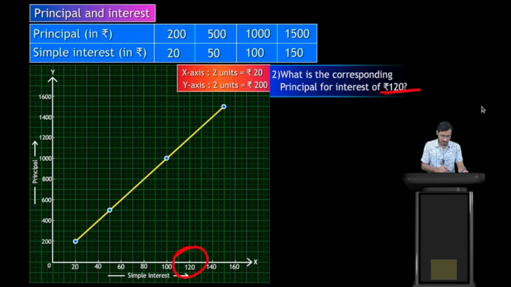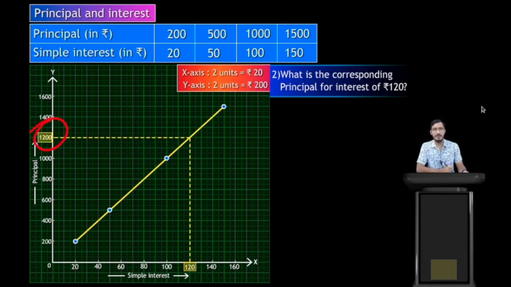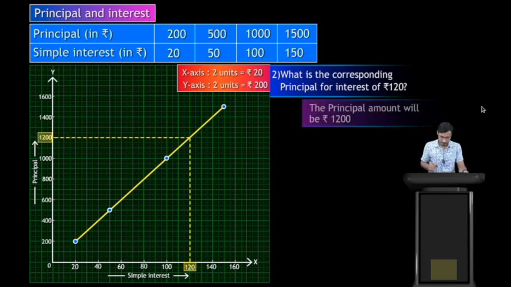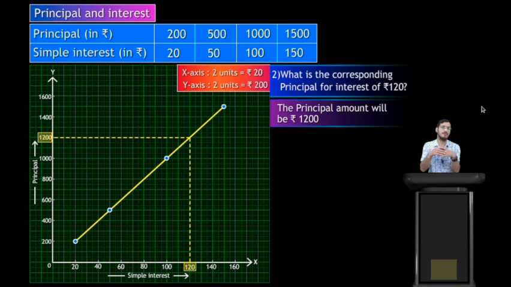So you can see 120 here. Now draw a perpendicular line like this, and where the line cuts our straight line, then draw another line parallel to the x-axis, and here you can see the line cuts the y-axis at point 1200. So that means the principal amount will be rupees 1200 here.